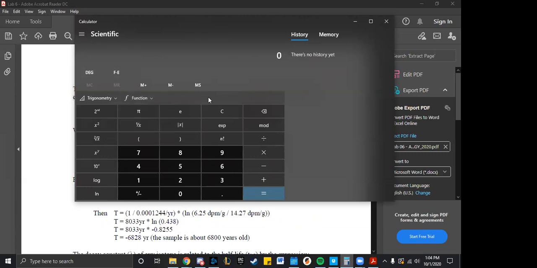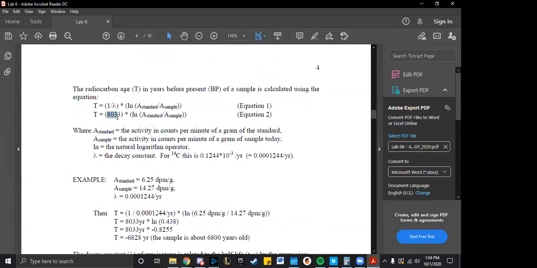If it's not, then we can just take this number because that is 1 over the decay constant. Oh, okay. So that Y is 8033? No, so this is actually this number. Oh, okay. I see what you're talking about.